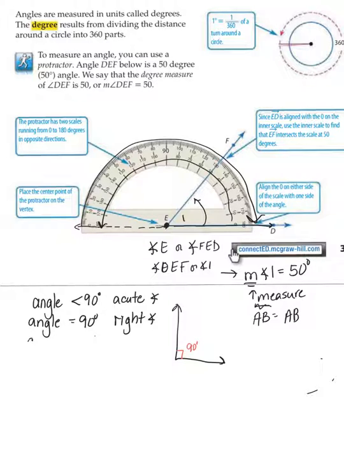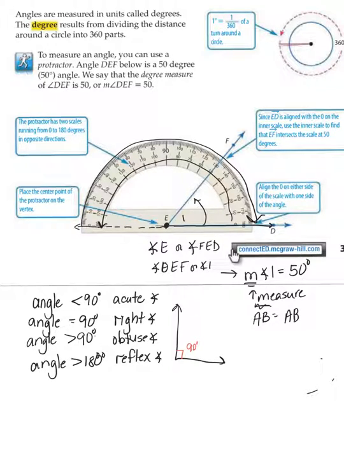All right, now, if our angle is greater than 90 degrees, we have what we call an obtuse angle. And then the following angle is not in your book, but an angle that drops down and is greater than 180 degrees is called a reflex angle.